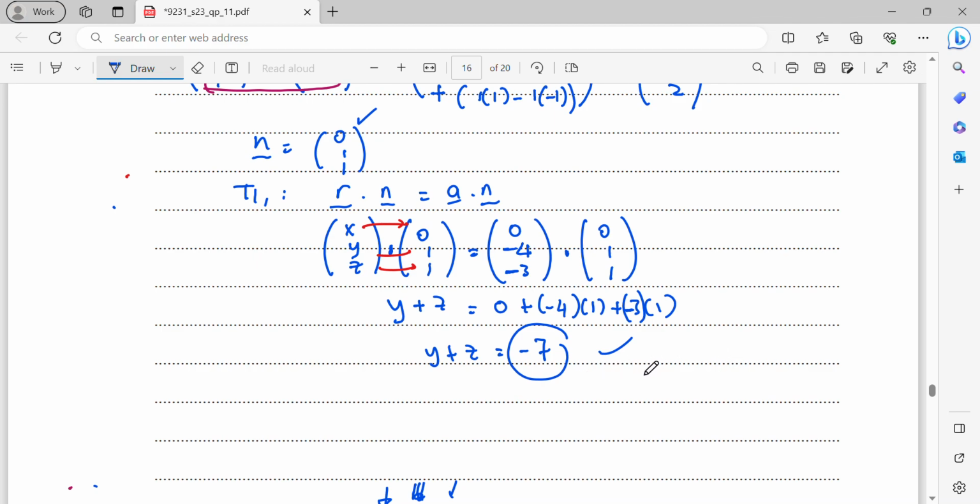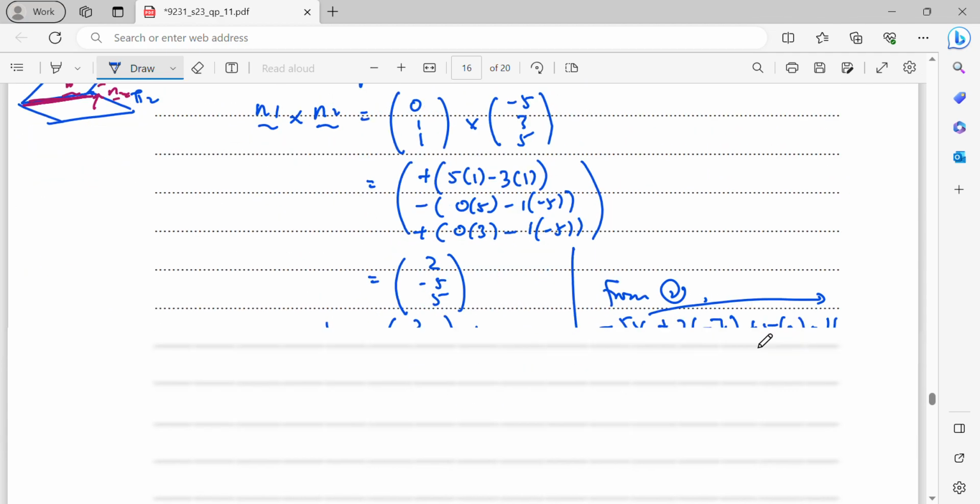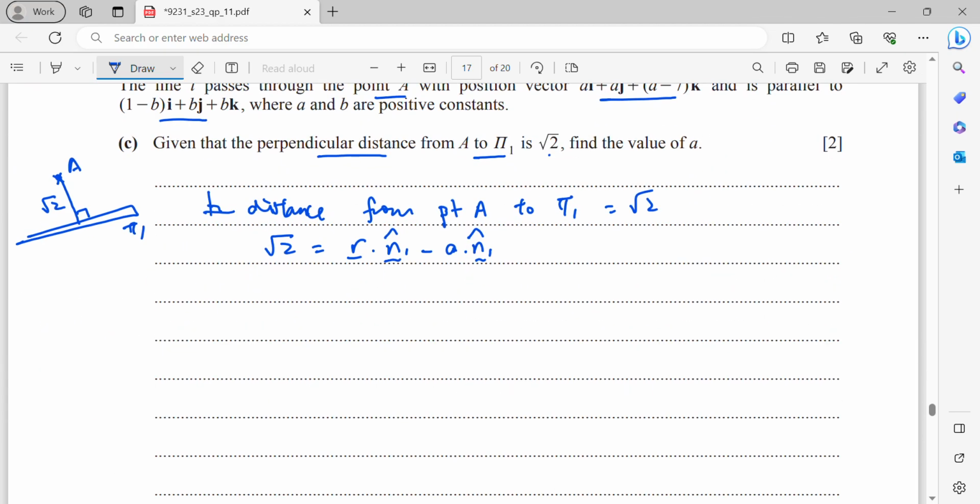Therefore, the n hat is basically the value minus 7 divided by the magnitude of n. Which means, from here I will say pi 1 is r dot (0, 1, 1) equals negative 7. So here it will be negative 7 because this is basically r dot n equals a dot n. This is already a dot n, right? So over the magnitude of n.